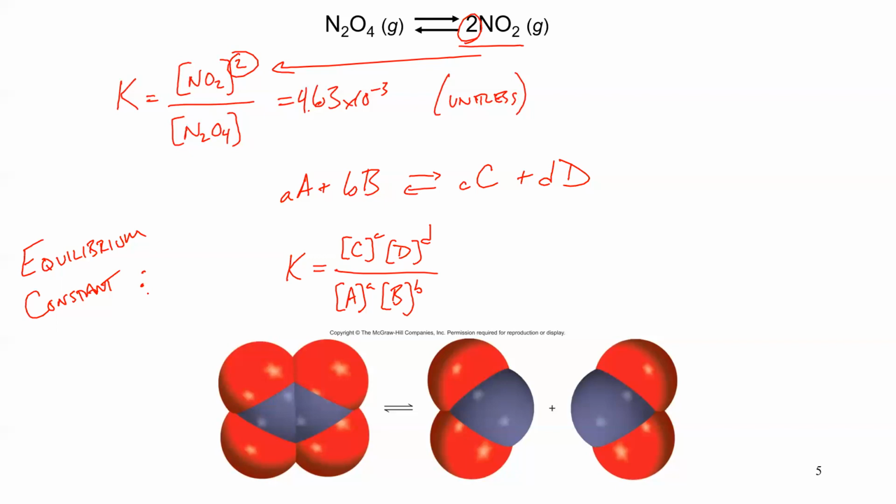Same is true here for the equilibrium constant. The value of the exponent is equal to the value of the coefficient. Okay? Now, one quick thing here, because these are in terms of concentration, you will sometimes see a little c, K sub c. That's because it's in terms of concentration. So that's the equilibrium constant for concentration.